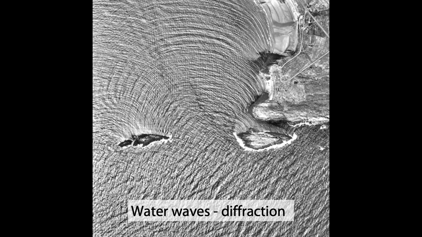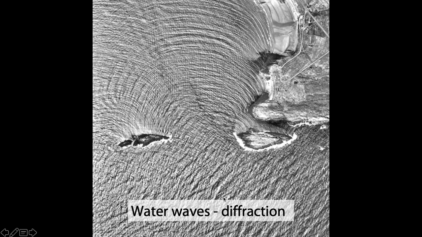Plane waves, so waves which have straight wavefronts, approach a gap or go past an object, and at the edge of that object or through that gap they create generally circular patterns. That's basic diffraction. Here you have an illustration of that.